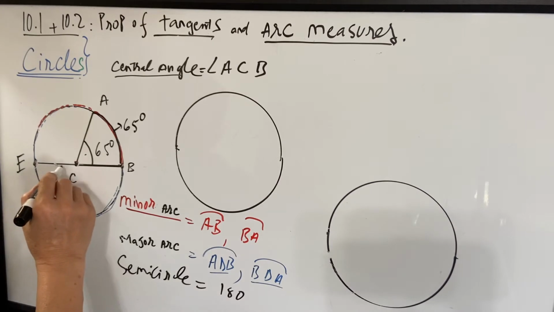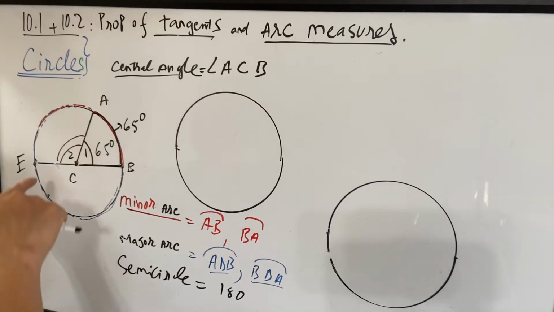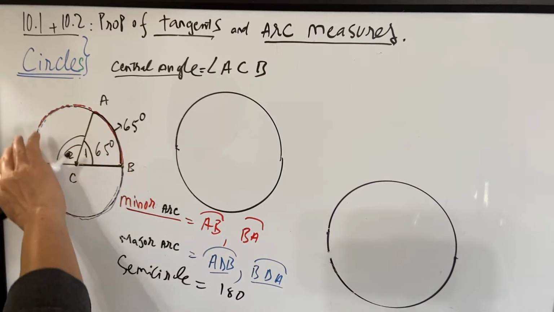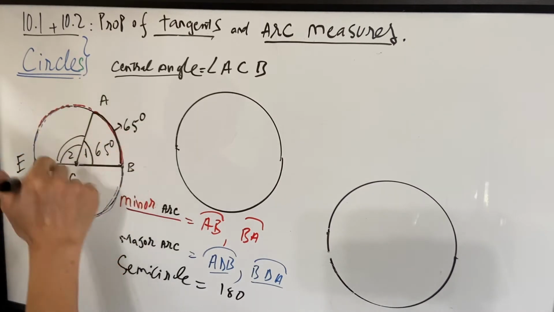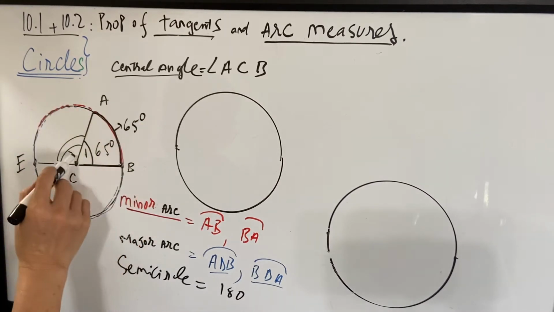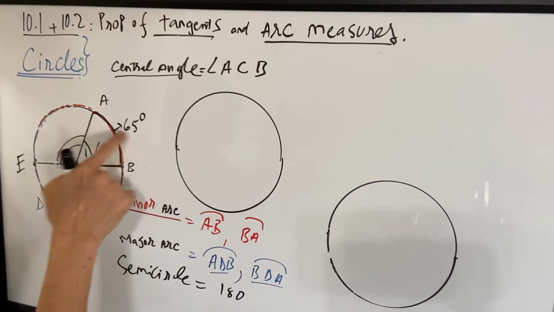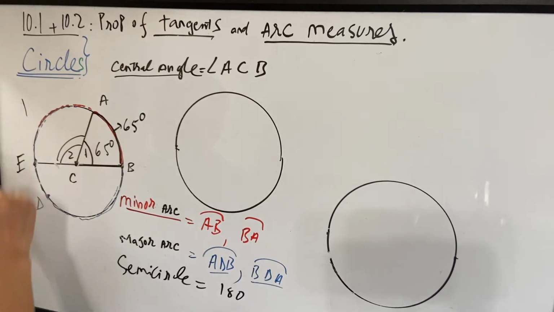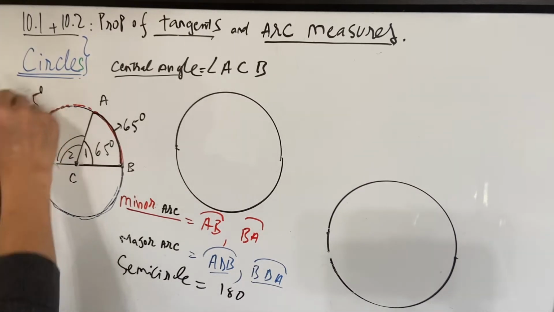Because angle C, how about this is angle 1, and this is angle C2? You see, EB on the upper part is a semicircle, so the whole thing EB is 180. If one part of that, which is angle C, takes away 65, what is the other one? That's right, it is 115 degrees.